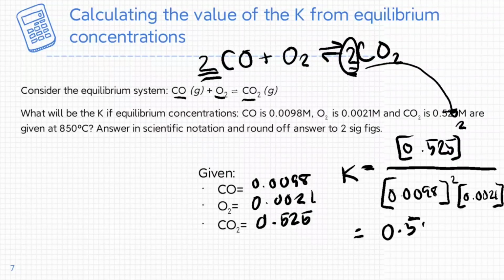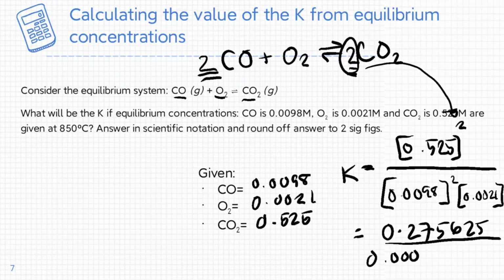Oh, why is it wrong? Sorry. 0.275625 over 0.000, how many zeros is this? 6, then 201,684. Another thing is, if you already know how to use scientific notation, so you do not write many zeros, that is also fine. The most important thing here is that the computed value is correct or near the correct answer.